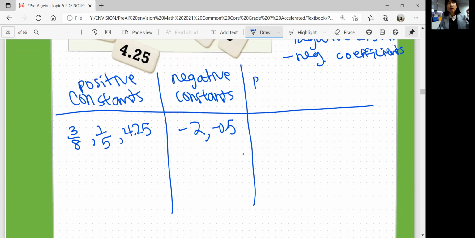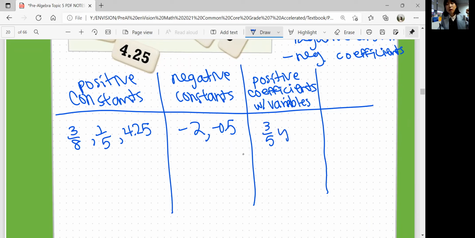You can have positive coefficients with variables. So it has 3/5y. We have 2.1x. We have 1/2x. That's it, right?